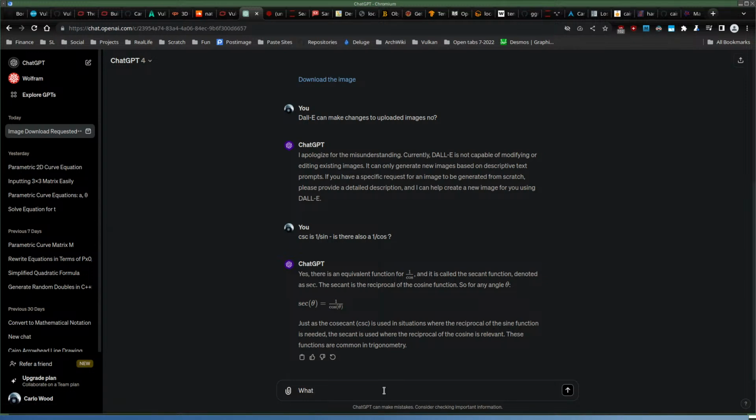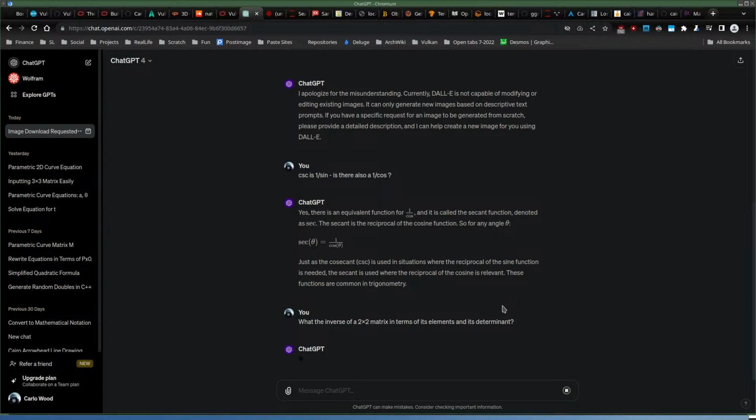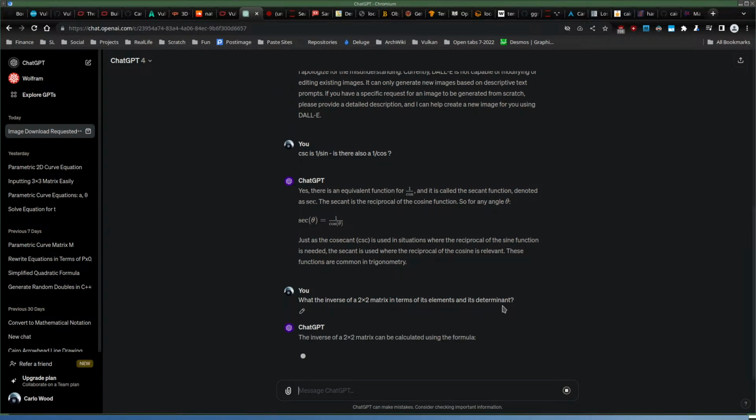So what is the inverse of a 2 by 2 matrix in terms of its elements and its determinant? It's pretty good at understanding what you mean. I have to give it that.